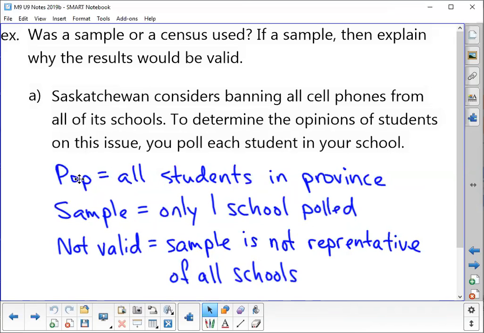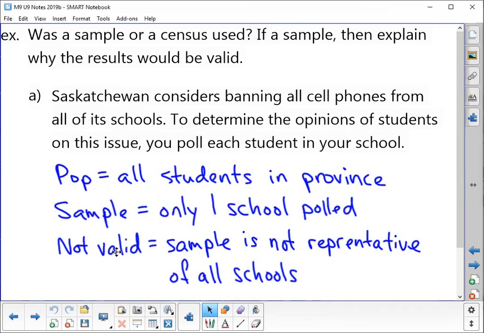The population here is all students in the province. Because only one school was polled, this particular question is talking about a sample. It's not valid for every school in the entire province because only one school was sampled, not a portion of every school. And so you just have that one school.